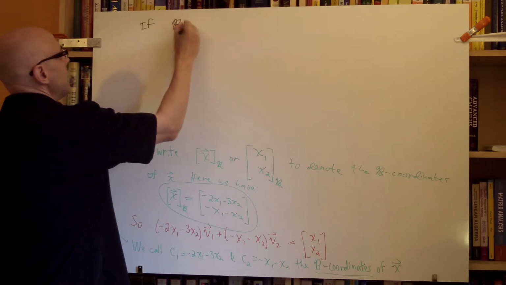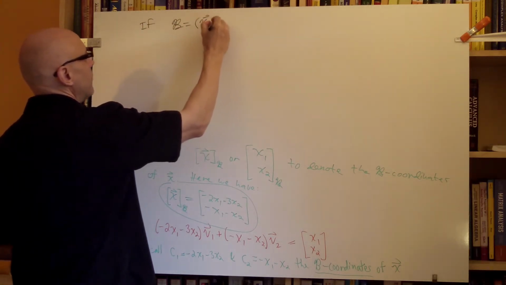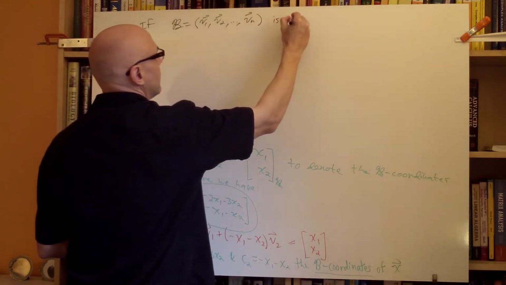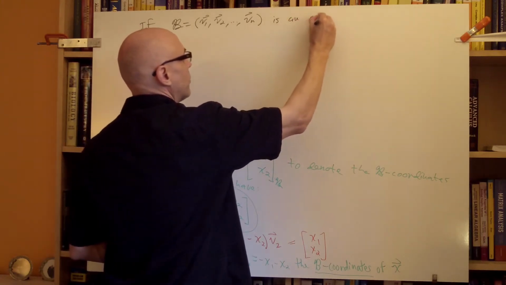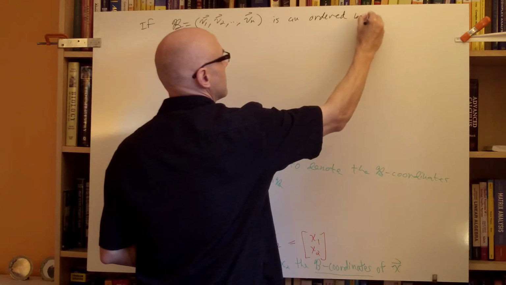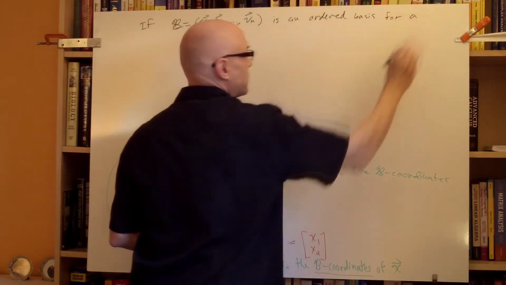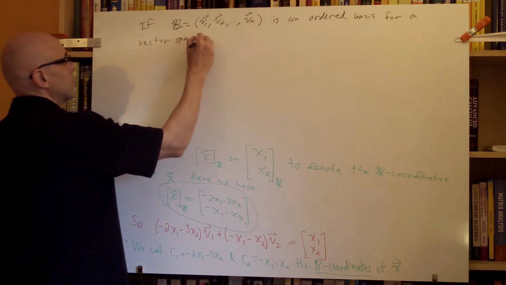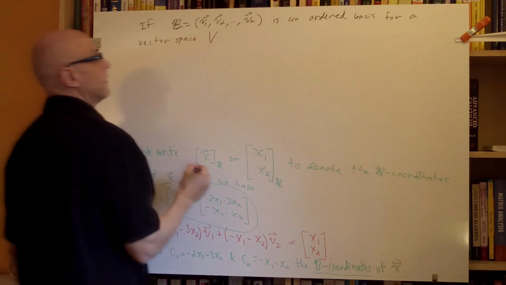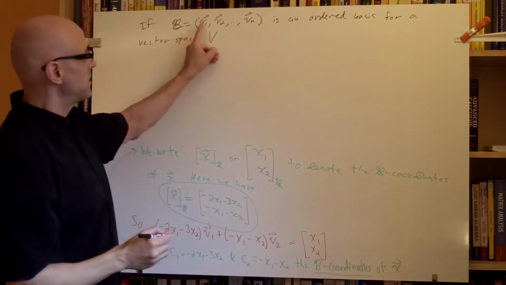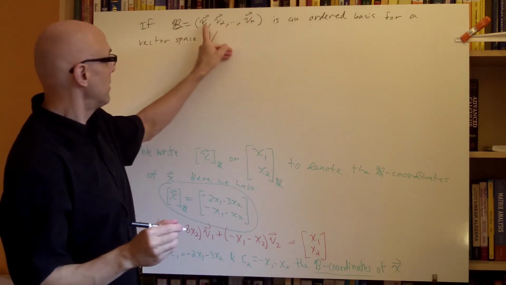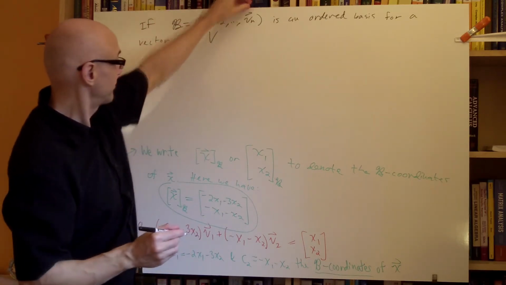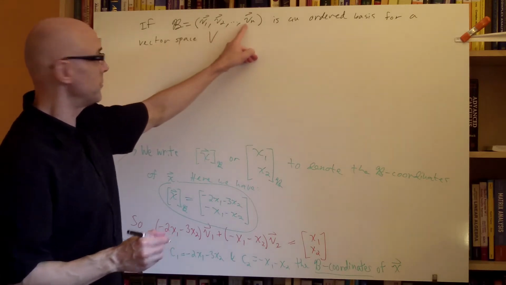If B equals v1, v2, up to vn is an ordered basis for a vector space V, now, the basis B has these n vectors in it, labeled v1 through vn, and this is the order. v1 first, v2 second, up to vn last.